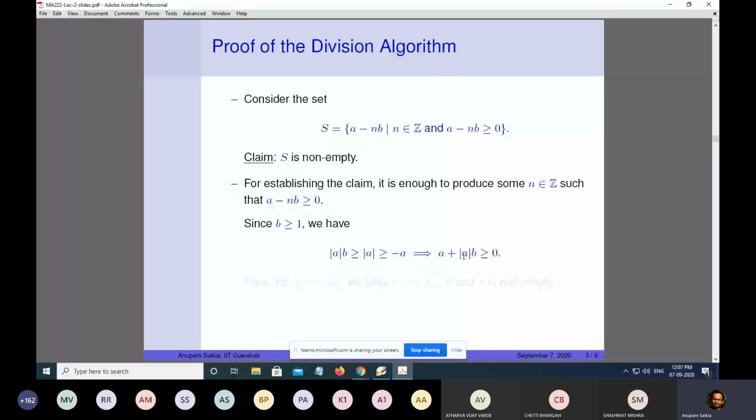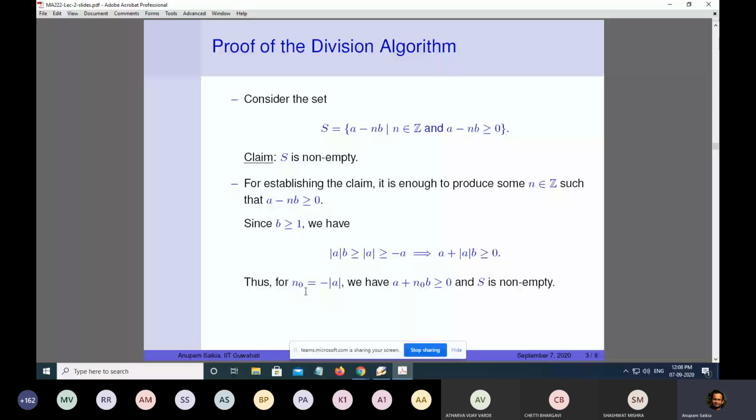So I can pick my n to be minus |a|. Okay, so if I put this n to be minus |a|, I'll have a plus |a| times b, which has to be non-negative. Whenever I say positive here by mistake, it means non-negative. Okay, so we can just pick this n naught, and that will do.